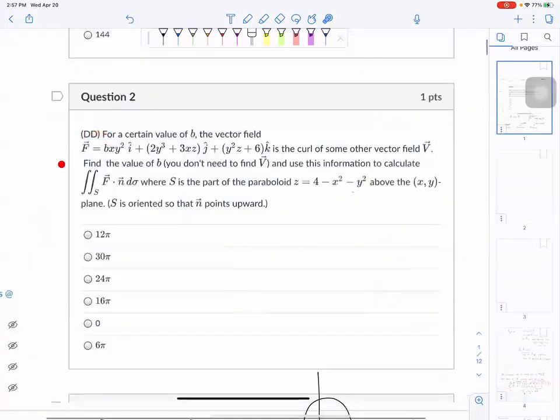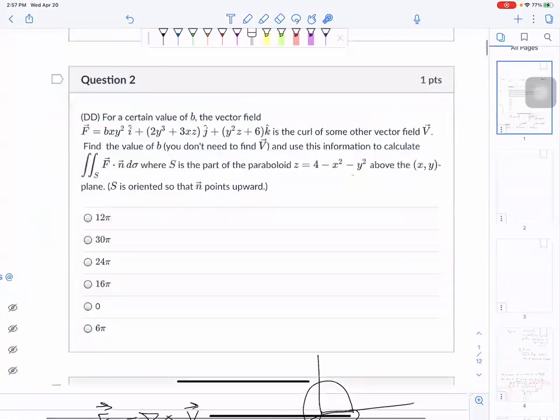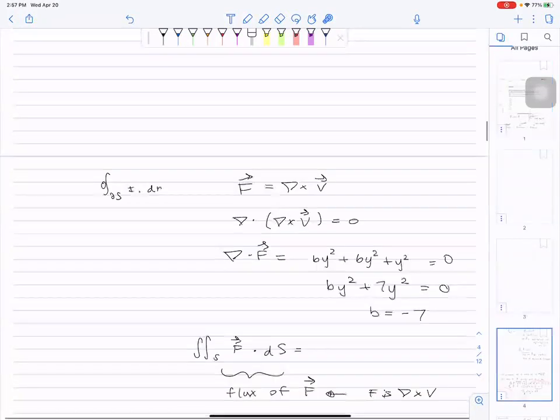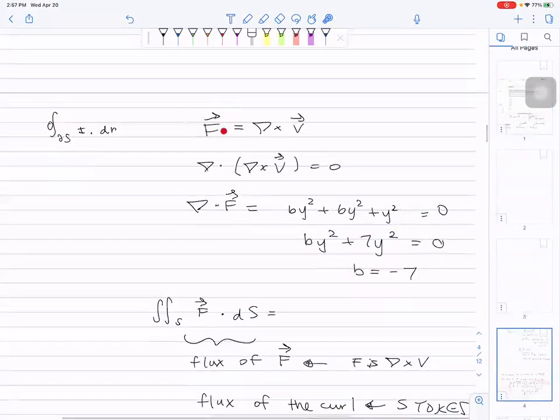So F bar is a curl of some other vector field, right? If F bar is the curl of some other vector field, then what happens if we take the divergence of a curl? Well, in the nice chart that I had, we know that divergence of curl equals 0. What is our F bar?